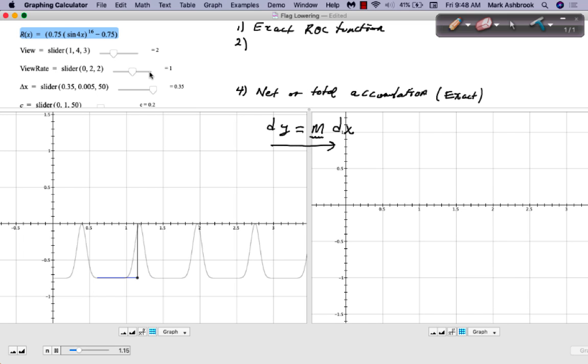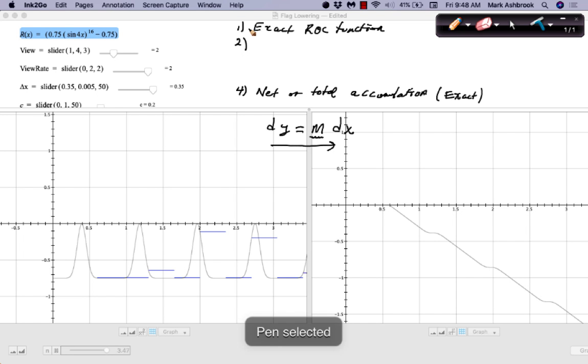Okay, and we said last time our final goal is this net accumulation. We sketched that. So now what's after? So from the exact rate of change function, we do what? We create what? Approximate. That's the blue one.